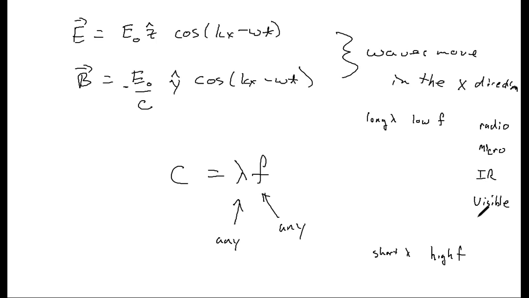And then we'd have UV, then X-ray, and then gamma. So each one of these, they're really all the same thing. They just have different wavelengths, and so they interact with different sized particles and objects a little more or less efficiently. And so that's why we break them out and give them different names.